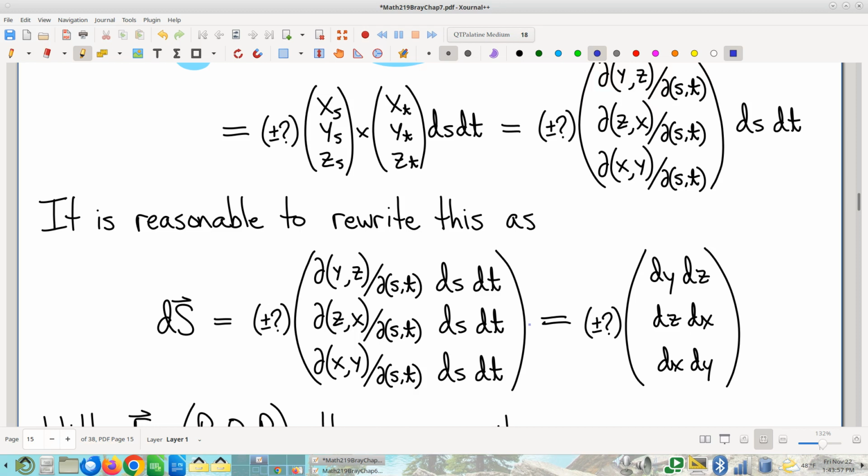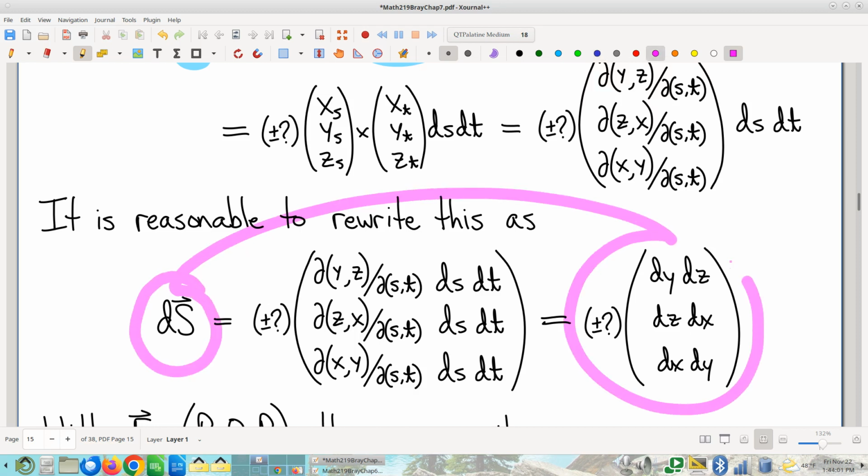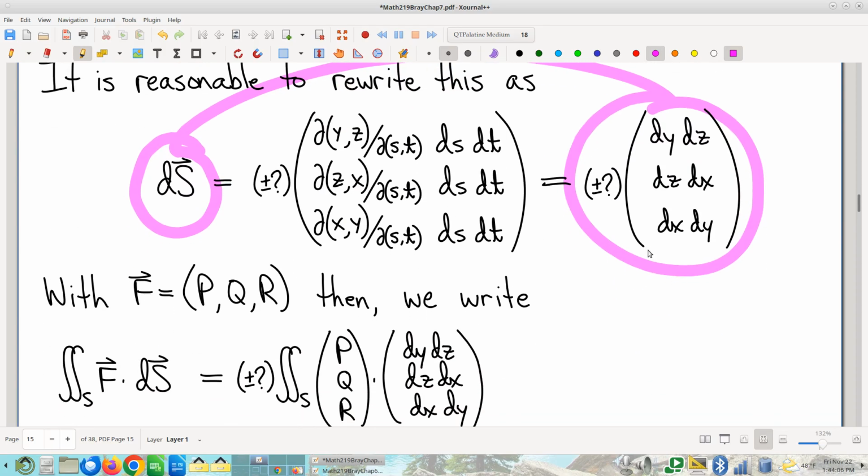With all of that done, it's just a matter of rewriting things. What we have is a different way to represent the ds vector: as a vector of differentials like this.